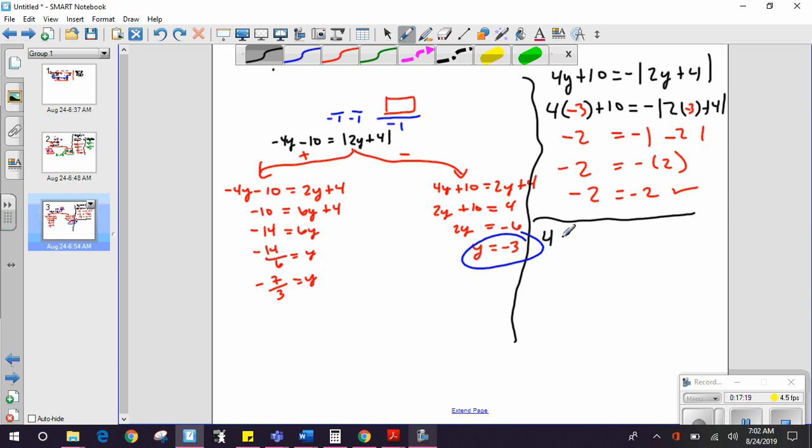Now we check it with the fraction. So you got to remember how to add, subtract with fractions, and to multiply with fractions. So we're using negative 7 over 3.